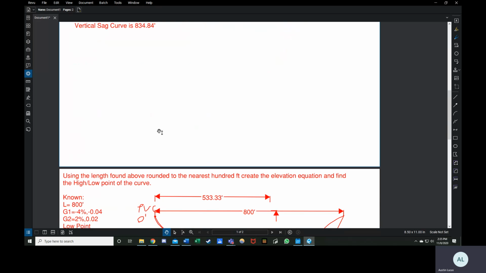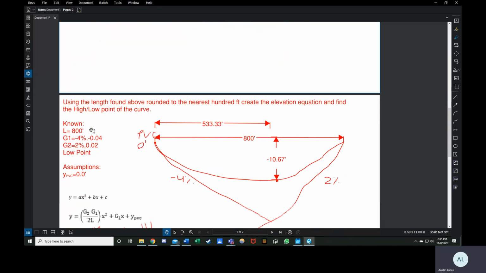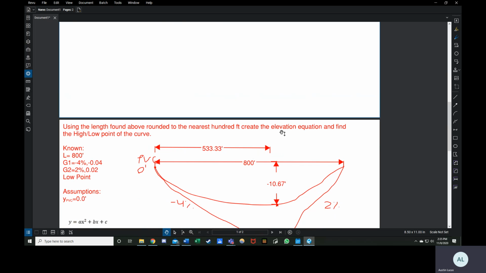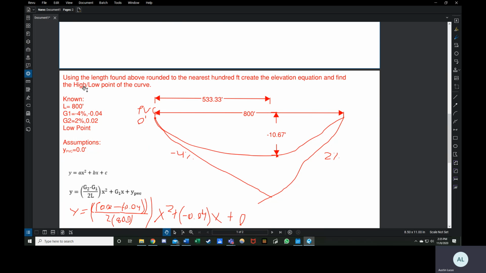With that minimum length, we will round it to the nearest hundredth. Since it was below 850, I rounded it down to 800. And we will find the elevation equation associated with this curve. And then using that, we will find the high or low point of the curve.